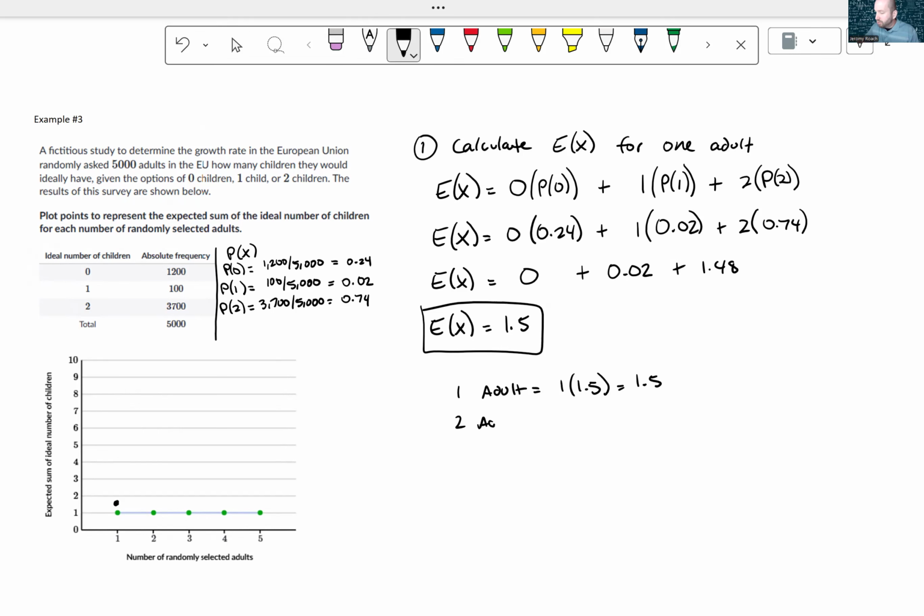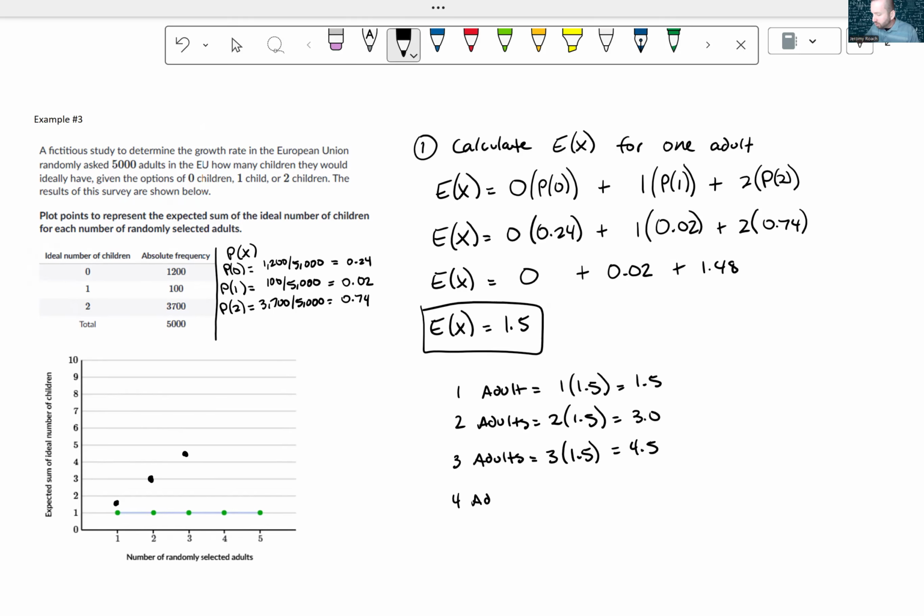For 2 adults, it's 2 times 1.5, which is 3. So put that there. For 3 adults, that's 3 times 1.5, which is 4.5.